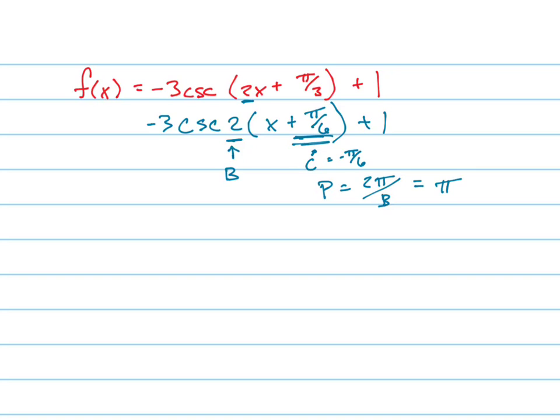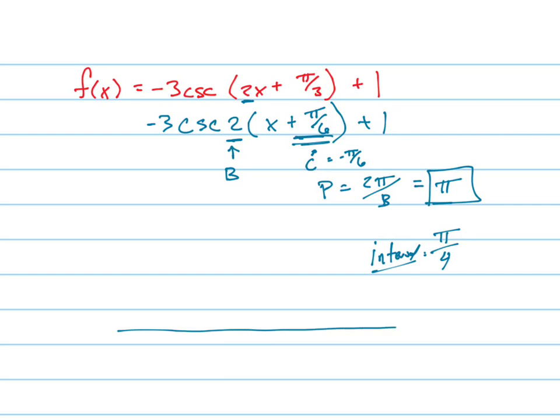So the hardest part of this is really to find the interval. Your period is pi, which means your interval is 1/4 of that. Your interval is 1/4 of your pi, but then you have to shift it to the left, pi over 6.